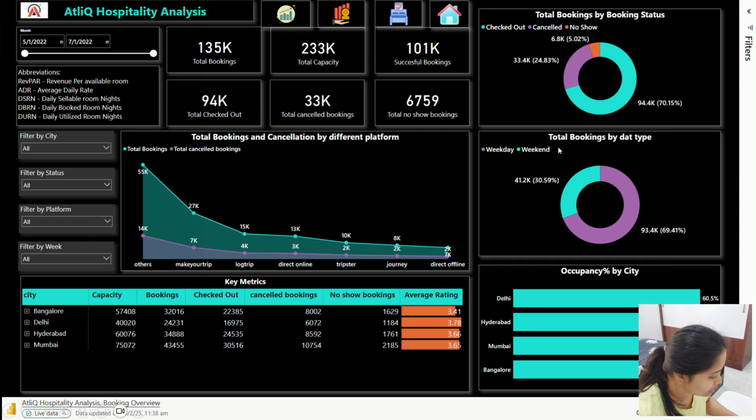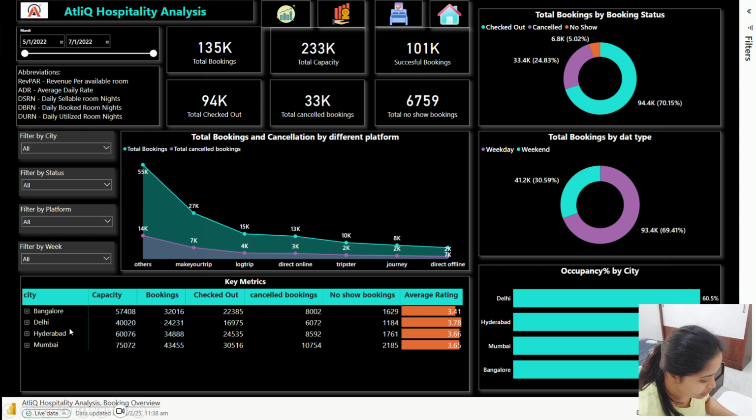And this donut chart shows total bookings by day type. Weekdays we have more bookings than weekends. This area chart shows total bookings and cancellations by each platform. Then we have a key metrics table here.